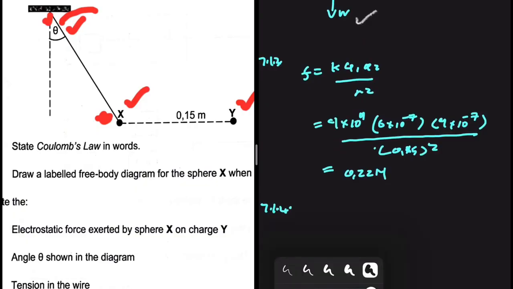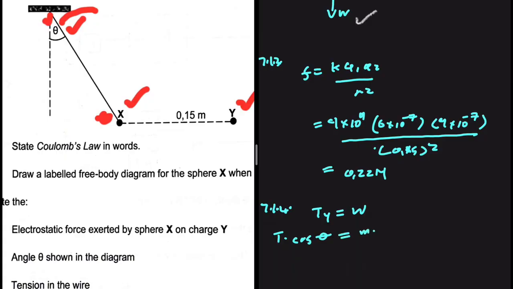We're saying that Ty is equal to the weight because our sphere is stationary. Ty is the tension multiplied by cos of theta. If our angle was here, we would be using sine, but it is up there, so we use cos. And this is equal to the weight.